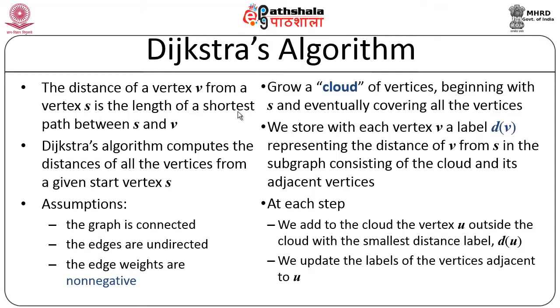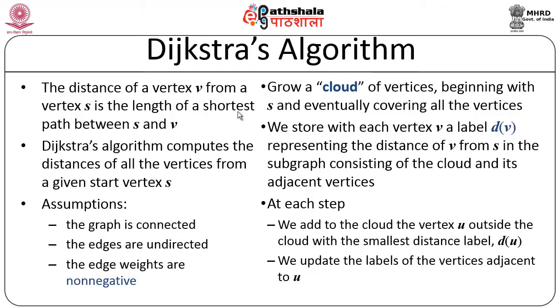Now, let us look at Dijkstra's algorithm. The distance of a vertex V from a vertex S is the length of the shortest path between S and V. We have already seen that. Dijkstra computes the distances of all the vertices from a given start vertex S. The assumptions are the graph is connected, the edges are undirected, and the edge weights are non-negative. So, grow a cloud of vertices beginning with S and eventually covering all vertices.